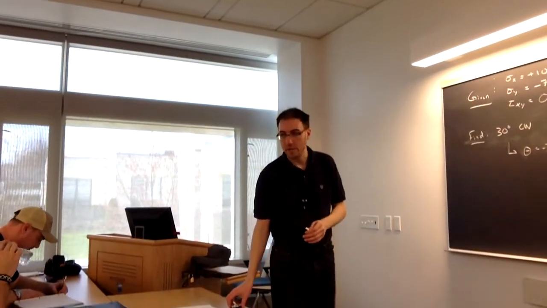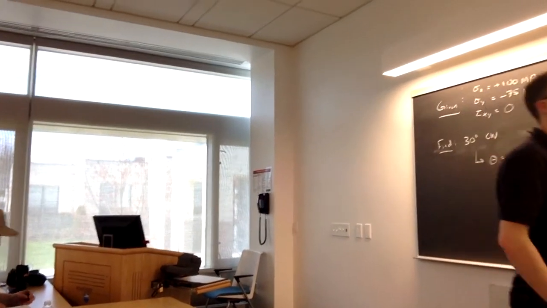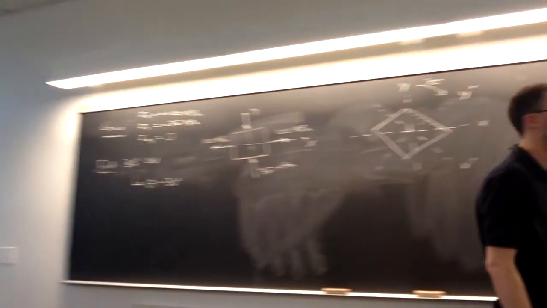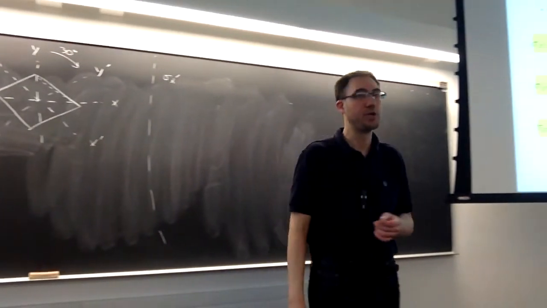Using our original information, we can go to these equations here and find what are the stresses on the new x prime, y prime face, and what's the new shear stress.